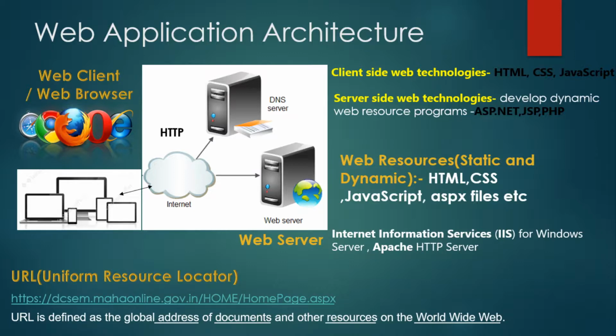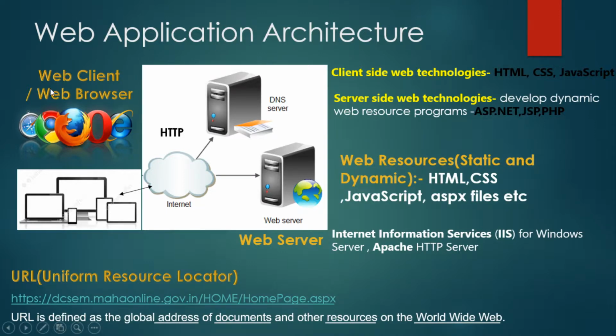So different dynamic files are there that will be present server side, and static and dynamic both are deployed on the server. URL is nothing but uniform resource locator. So that will uniquely point to each and every resource present in web applications. So in URL we are mentioning the resource full path, and we are accessing those resources through the browser.